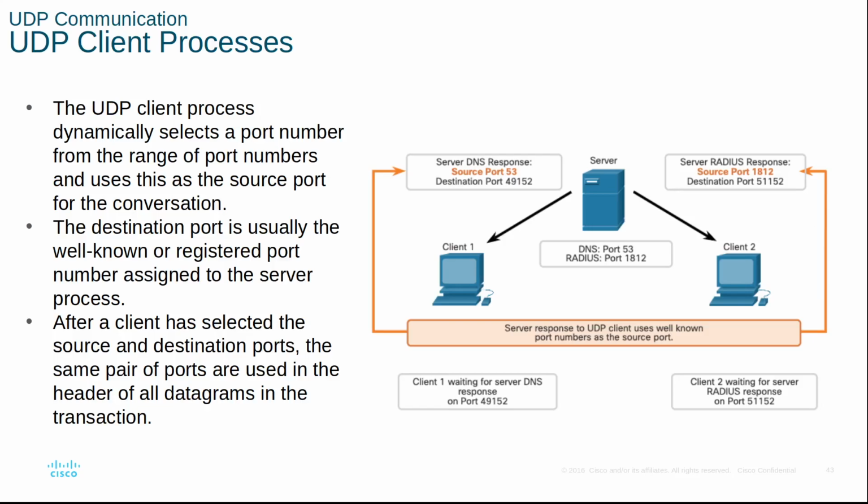The destination port is usually the well-known or registered port number assigned to the server process. So we've got DNS and RADIUS in the example here. DNS is port 53, RADIUS is port 1812. And after the client has selected its source and destination ports, those ports are used in the header of all datagrams in the transaction.